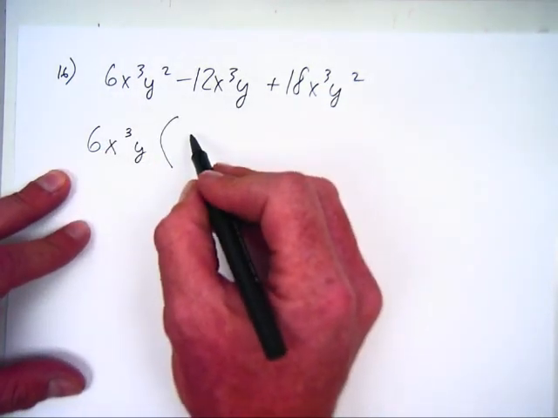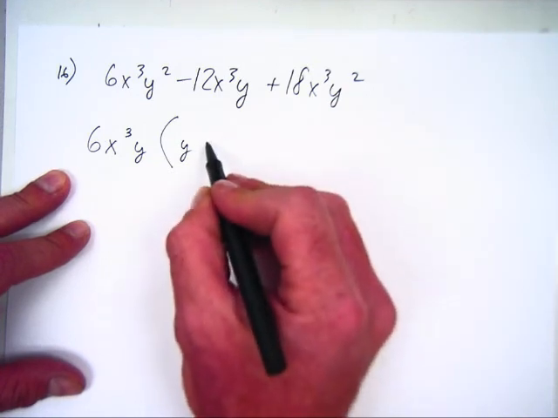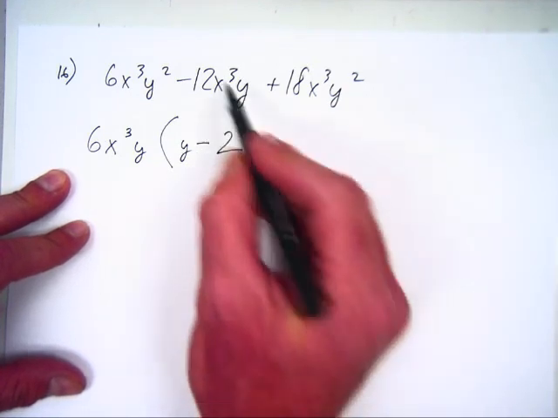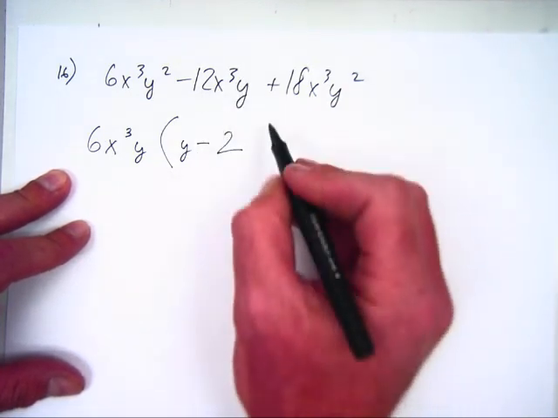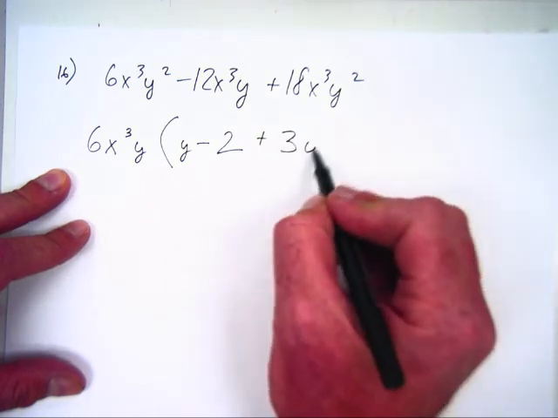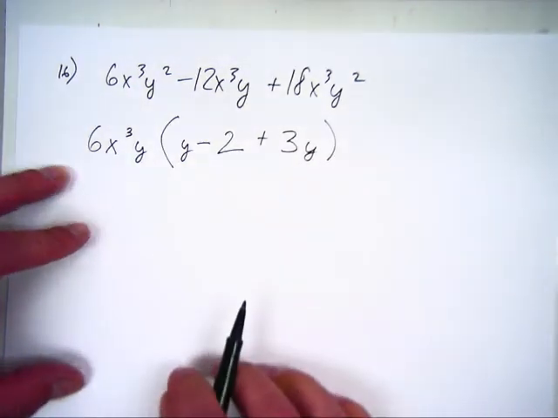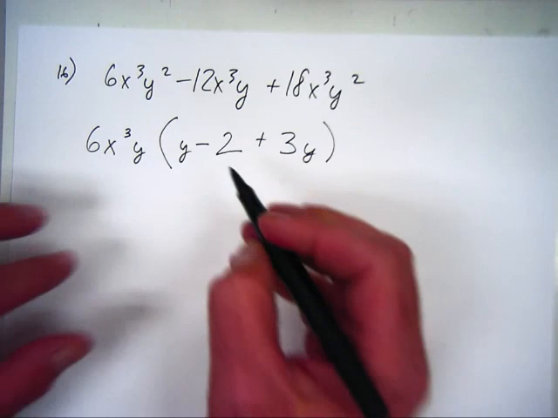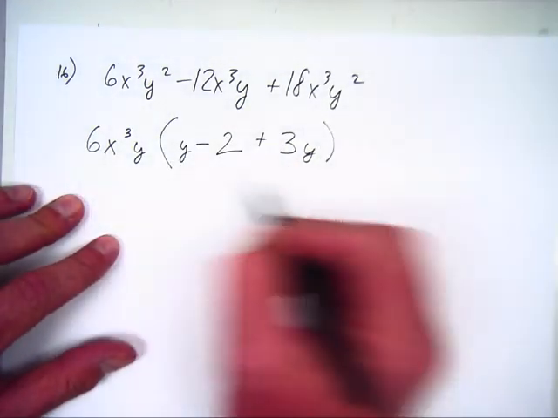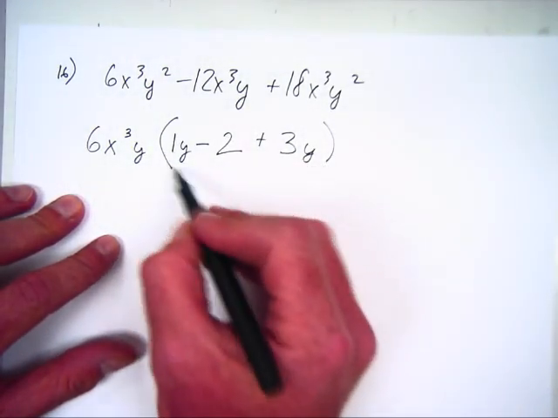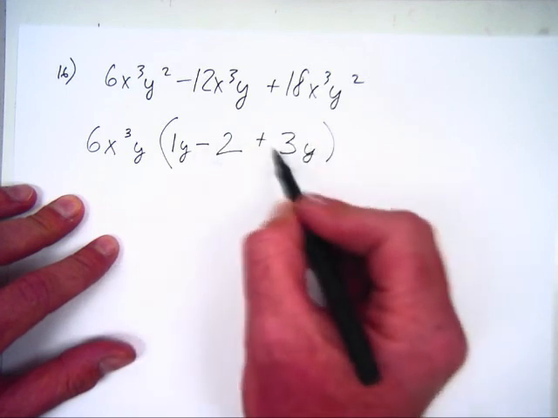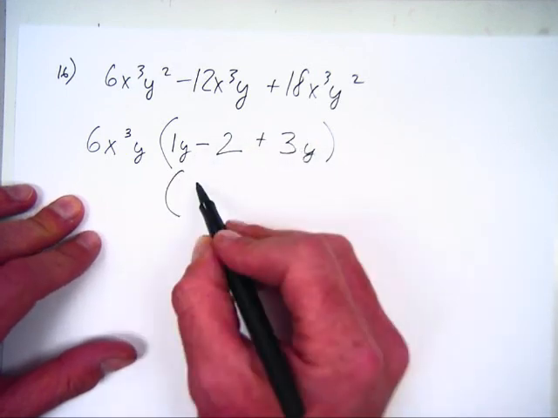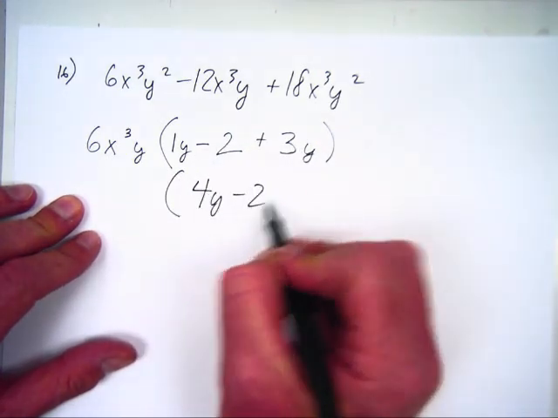Of these three, I'm going to end up with 1 y left over there, minus 2, and there's nothing else left over here, plus 3y here. We are not done with this because we have like terms inside this parentheses. We have a 1y there, minus 2 plus 3y. I can simplify this to 4y minus 2.